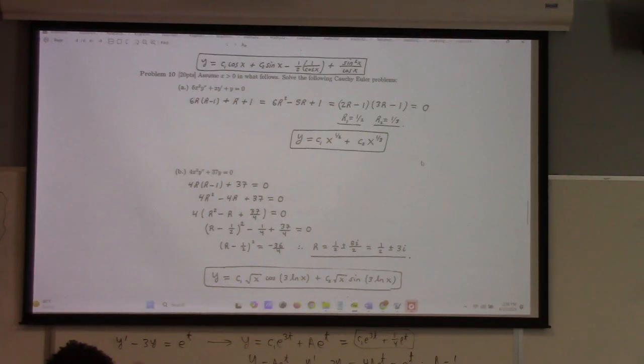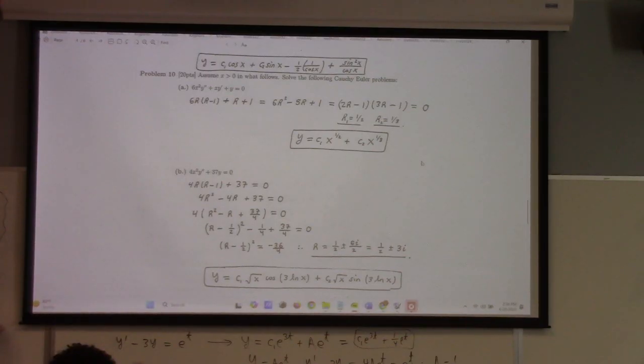This is just a heuristic, okay guys? e to the natural log of x times e to the i beta natural log of x, which of course gives me cosine of beta log x plus i times the sine of beta log x.